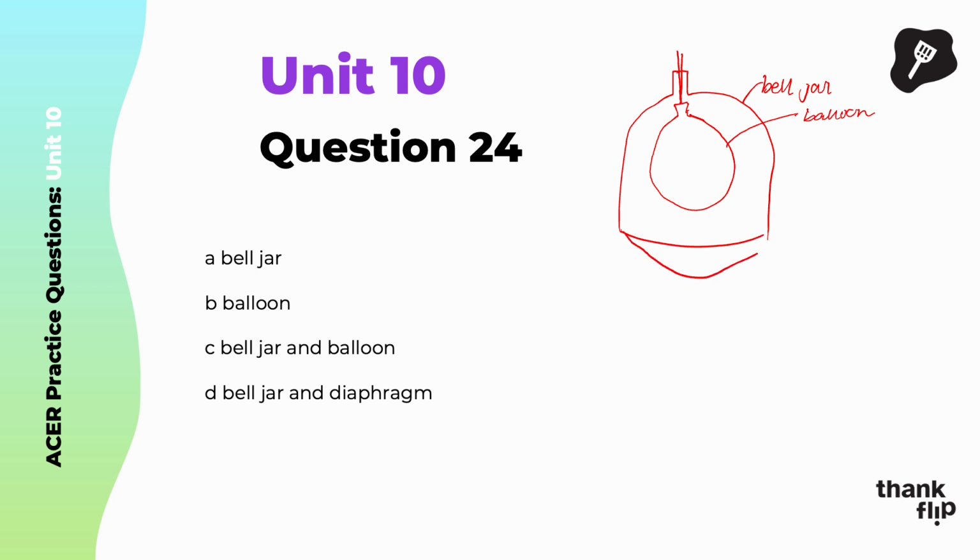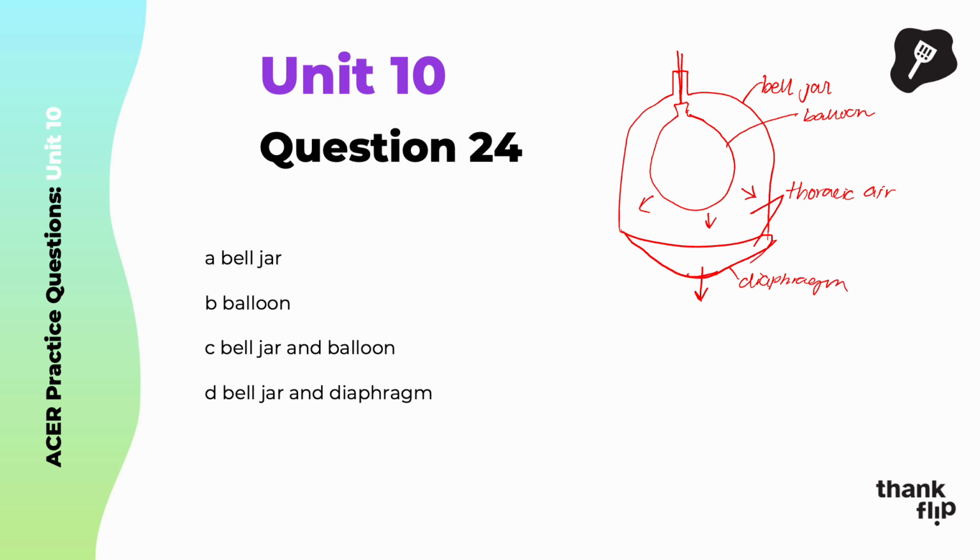So the little rubbery bit here, this is the diaphragm, and it's being pulled downwards. And so you have the balloon expanding. And around the balloon, we have thoracic air, filling up the space that's being created by the diaphragm as well.